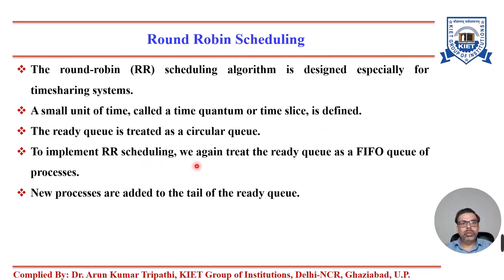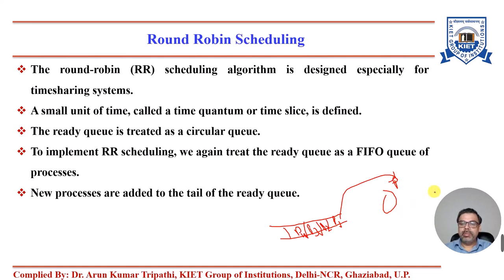To implement round robin scheduling, we again treat the ready queue as a FIFO queue of processes, and new processes are added at the tail of the ready queue. So here is the example. When processes arrive in the ready queue, process P1 is firstly allocated, then P2, then P3 and then P4. Firstly P1 will get the processor.